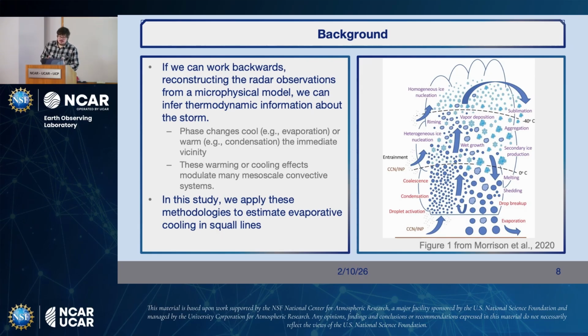So what we then want to try to do is take the warming and cooling effects from these different processes and just apply it to these columns of radar measurements. And from there, I wanted to be able to estimate evaporative cooling in squall lines. And this is a way to estimate the maintenance of the squall line.